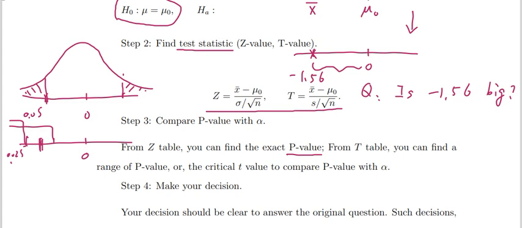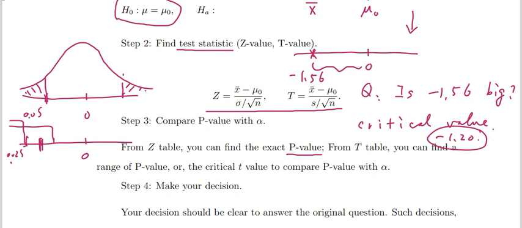To answer this question, we just need to find the critical value. So how can we use this critical value? Suppose the critical value is negative 1.20. We use this as the standard. Then we can say this negative 1.56 is big, or we can say that the difference is big.